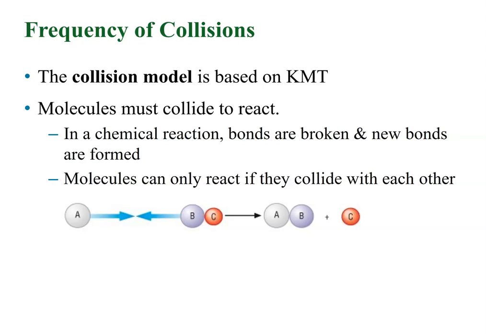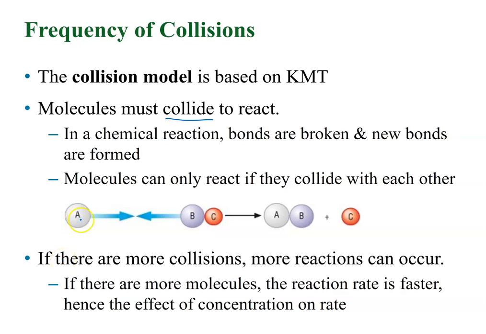So again, this collision model of chemical reactions is based on kinetic molecular theory and the idea that molecules are constantly in rapid, random motion. It also says that molecules must collide in order to react. Like I mentioned before, if you have A that's going to collide with BC, and they are as far apart as they are before the collision, how are they ever going to react?